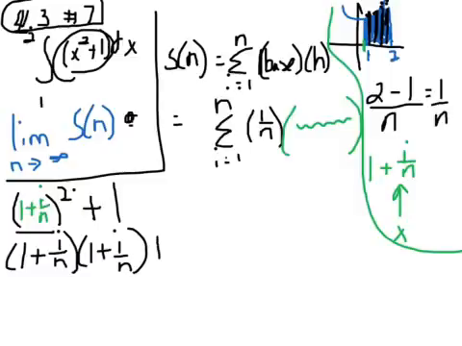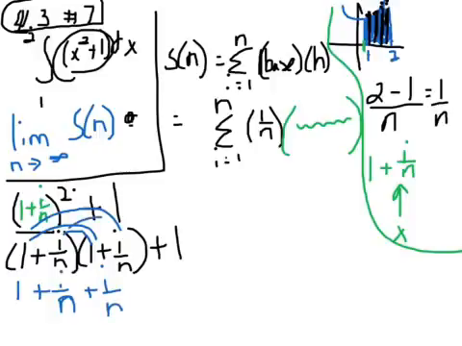All right, so I've got to square 1 plus i over n and then add 1. Well, if you distribute this out, I'll do that in a different color. 1 times 1 is 1. 1 times i over n is i over n. But then I have another i over n times 1, so there's another i over n. And then i over n times i over n is i squared over n squared.